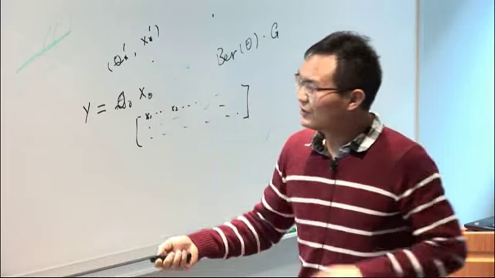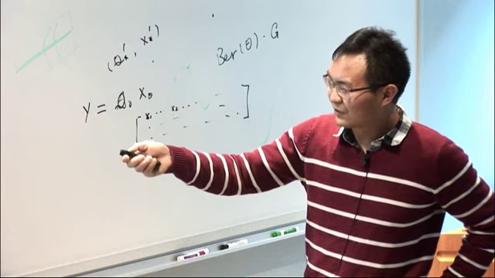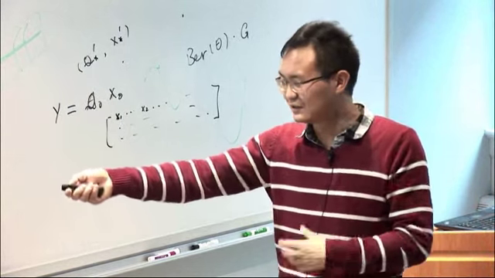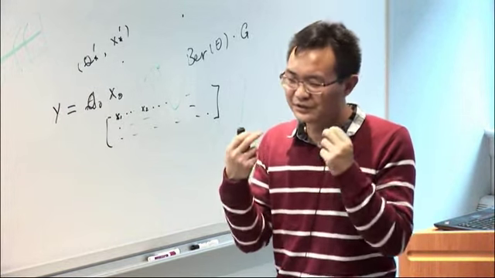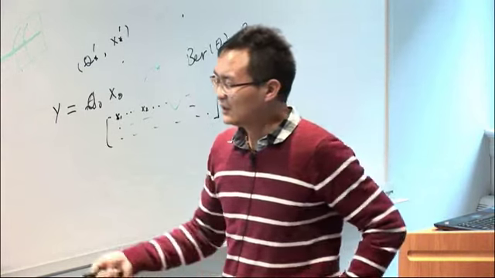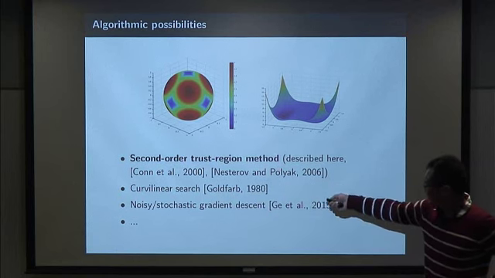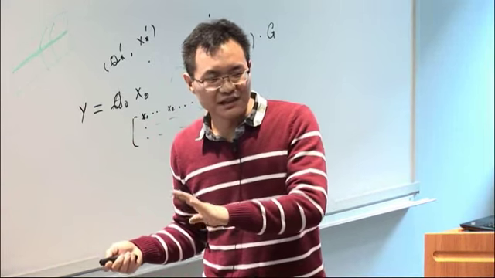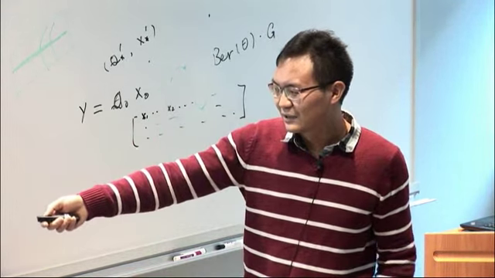The geometry we studied actually allows several possibilities. You can do several different algorithms with slightly different guarantees. The one that comes with a stronger guarantee is the second order trust region method, which I'll briefly touch on here. But I'll mention other possibilities.